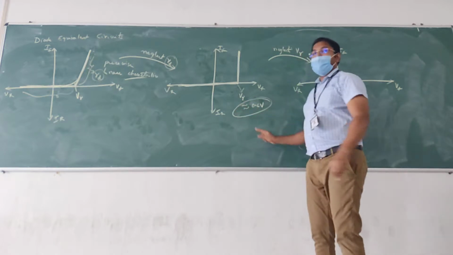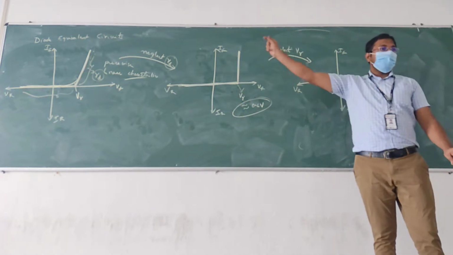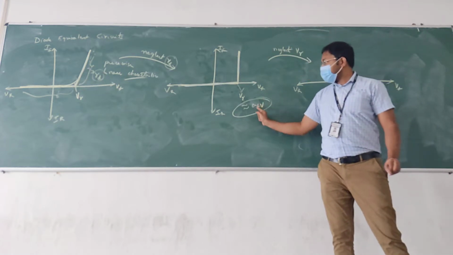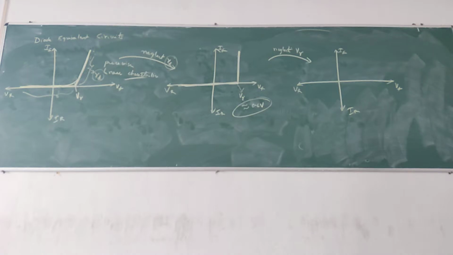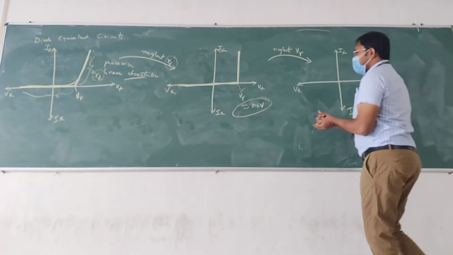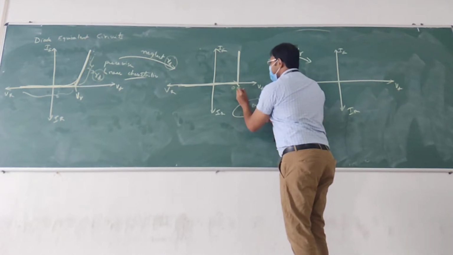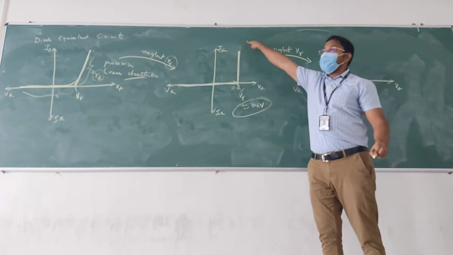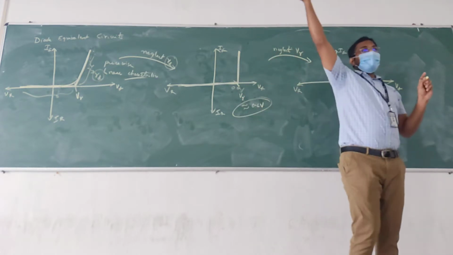We have seen this value, a small value. We can neglect, means we can take it as 0. So if we take this as 0, how will the graph look like? This is 0.6. That is the reason we are getting this line here. Very good. It will go along the y-axis.